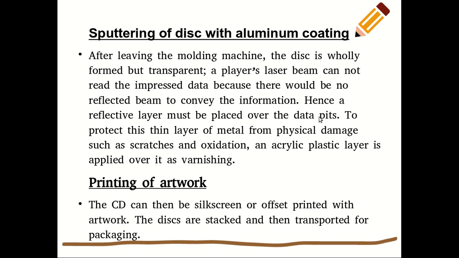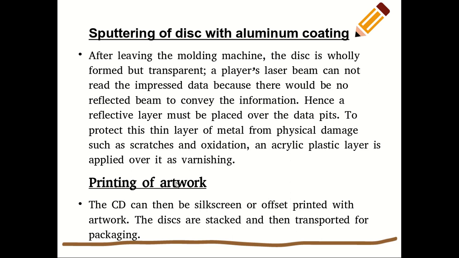So in order to do this, a thin layer of metal is used. To protect this thin layer of metal from physical damage, one more plastic layer, liquid plastic layer, is applied over it.